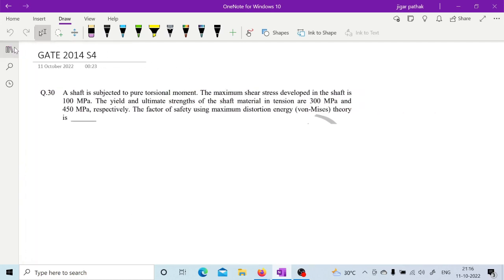2014 session 4. A shaft is subjected to pure torsional moment. The maximum shear stress developed in the shaft is 100 megapascal, right? Then the yield and ultimate strengths of the shaft material in tension are 300 megapascal and 450 megapascal respectively.